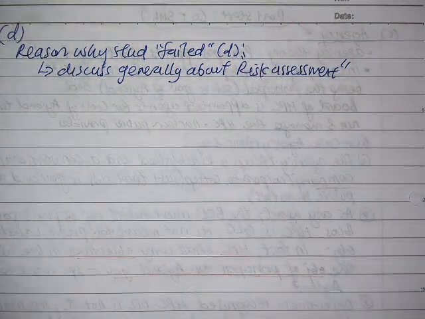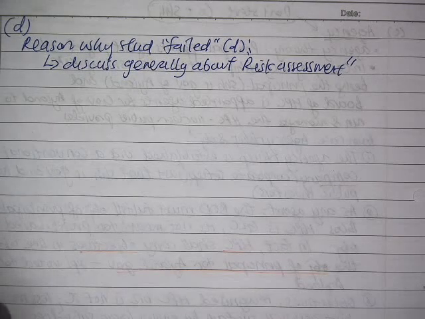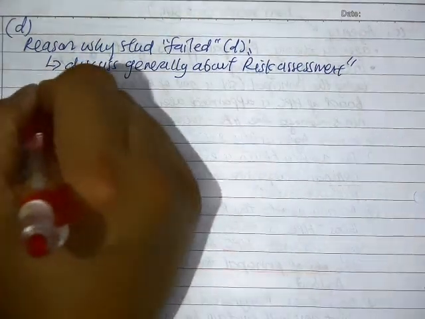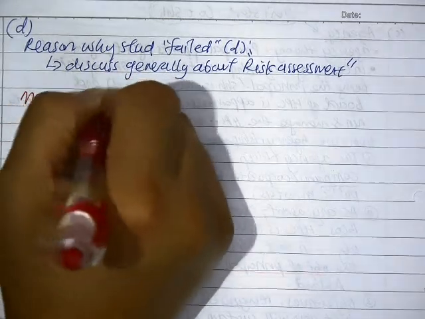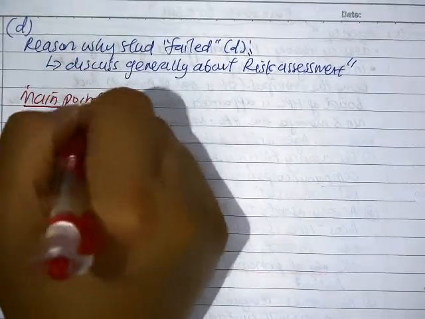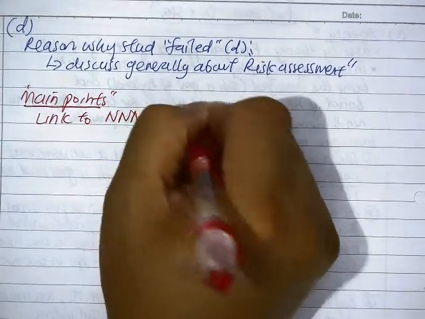They talk about, oh, what is risk assessment? And risk assessment is very important because it tells us the impact, it tells us the probability. Now, yes, of course, this is one part of the answer, but this is not the main thing that we want. Now, the main point that you must get is you must link to N report.